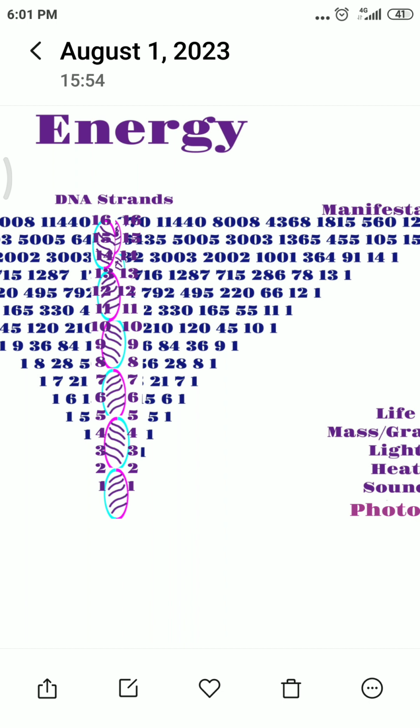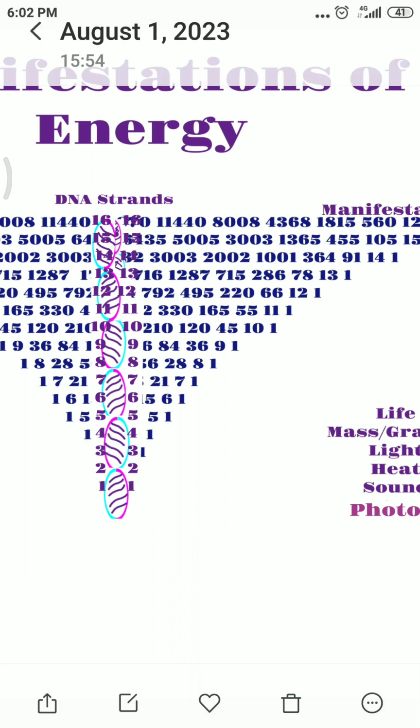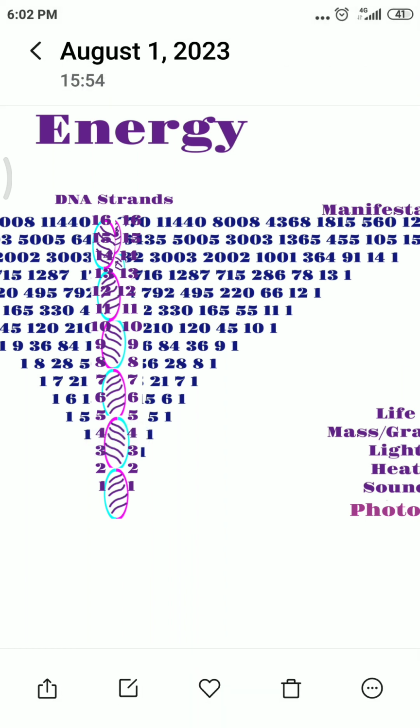The 33rd prime number is 137, and the 44th prime number is 193. So when the prime number reaches 193, we will have the 2 full strands. For that, 14641 is the level.